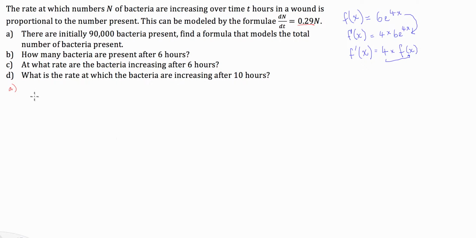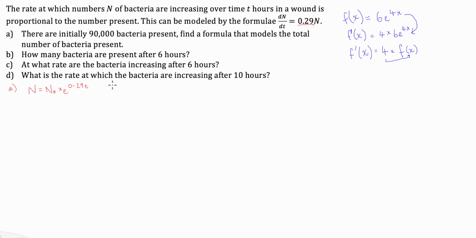So the function N is going to have to be equal to some initial term, we'll call it N naught to start with, times e^(0.29t).